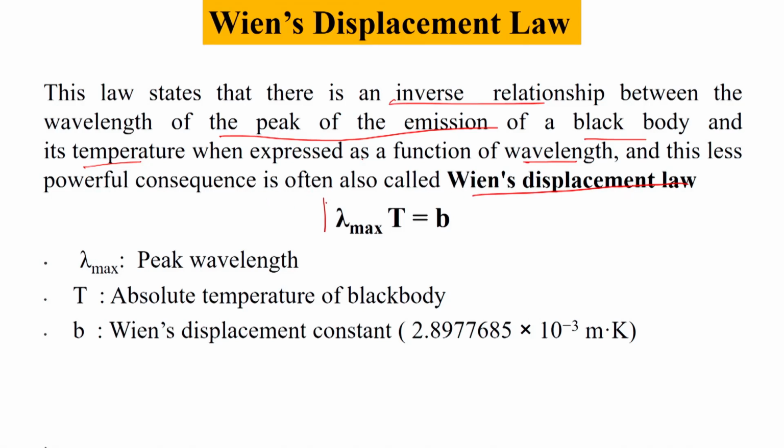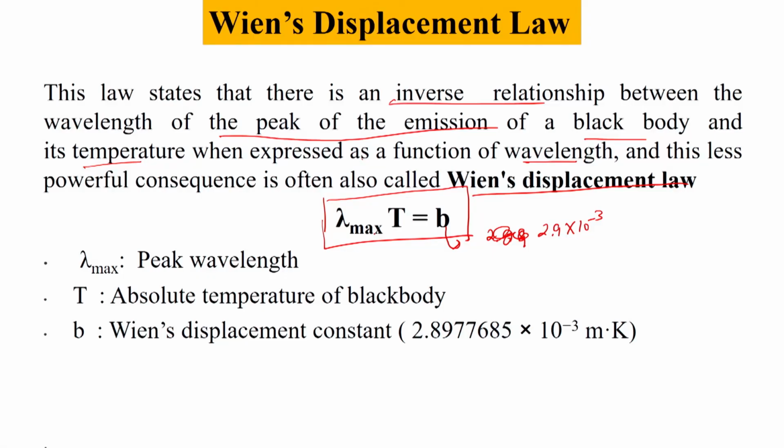So lambda max into T is equal to B, which is a constant, and the value of B is 2.98 or 2.89, but usually we take 2.9 into 10 to the power minus 3. Now remember the unit of this one.